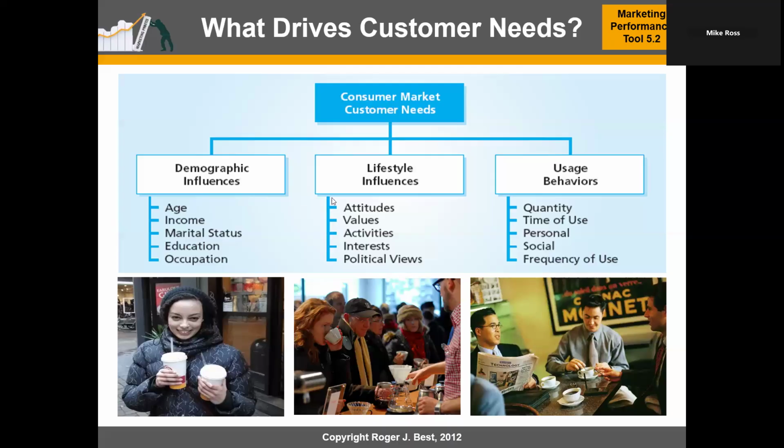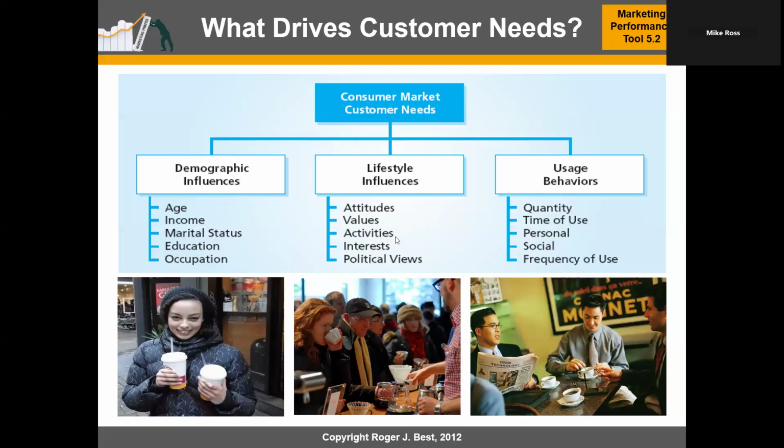Now we could consider lifestyle types of attributes. So maybe it's different attitudes, where a person is more risk seeking versus not risk seeking. Are your values more traditional versus progressive? We might say activities. I think about, for example, people that tend to live out on the West Coast or in the Rocky Mountains, they're more focused on hiking and biking and canoeing.